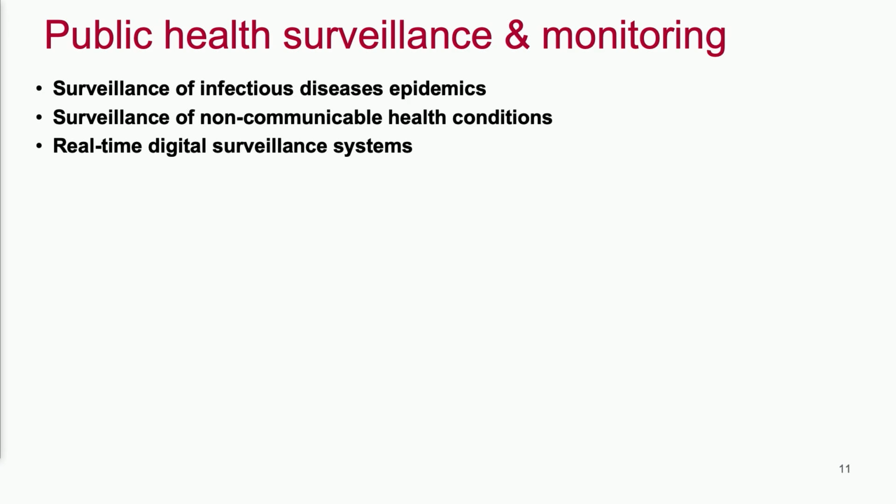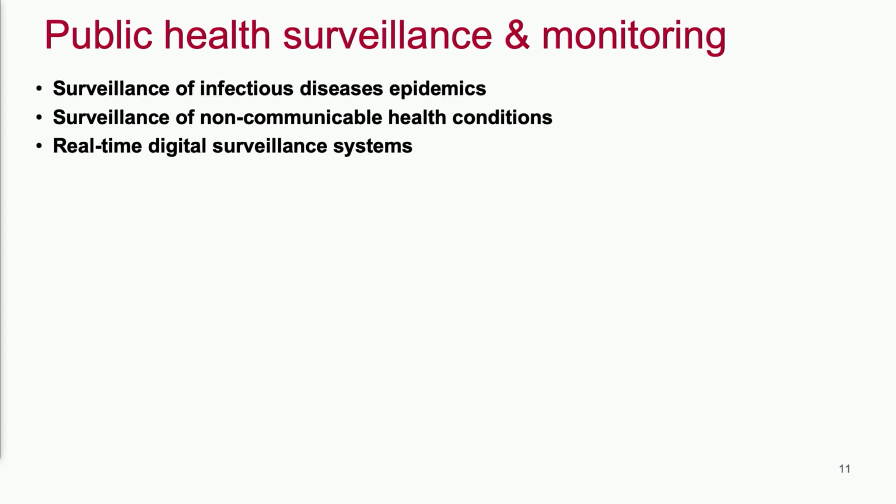The application of AI methods on traditional but also new sources of data may provide opportunity to allow for better surveillance of infectious disease epidemics, but also of any other non-communicable health condition like diabetes, for example, or suicide attempts that need to be monitored over time.